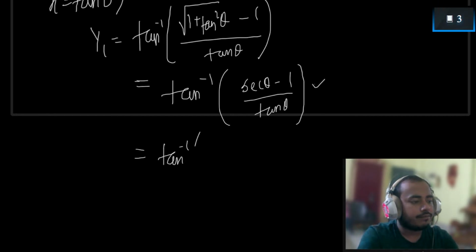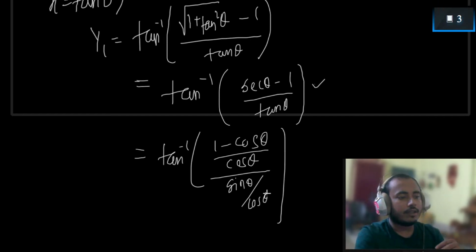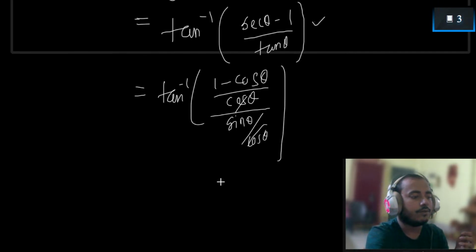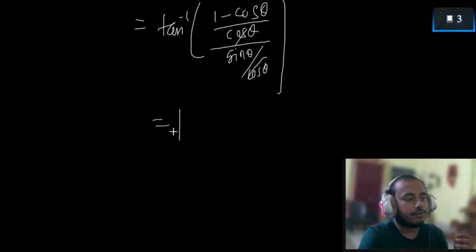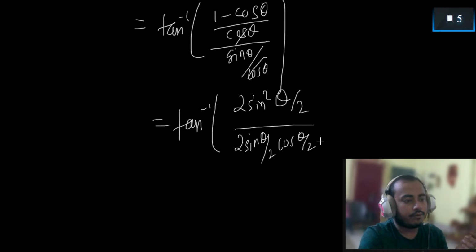Tan inverse, this is 1 minus cos theta by cos theta divided by sin theta by cos theta. Cancel the cos thetas. This becomes 1 minus cos theta by sin theta. What is 1 minus cos theta? It is simply 2 sin square theta by 2, divided by sin theta, which is again 2 sin theta by 2 cos theta by 2.